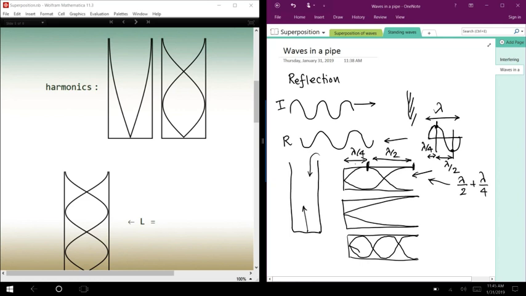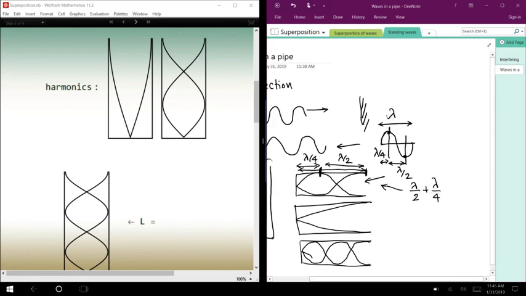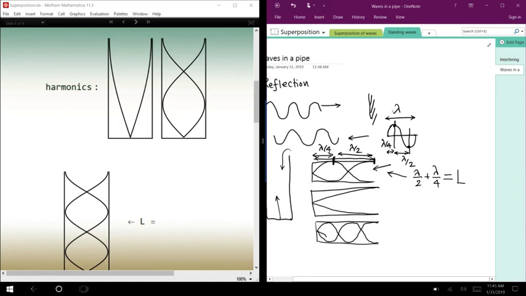And if we add these two together, then we get the full length of the pipe. So if I have a pipe of a certain length, then there are only certain wavelengths of sound that can form standing waves in that pipe. One example being if the length of the pipe is equal to lambda over 2 plus lambda over 4, which is also equal to 3 lambda over 4.